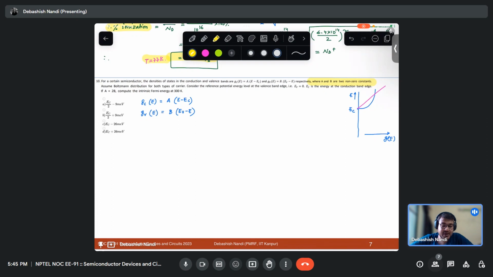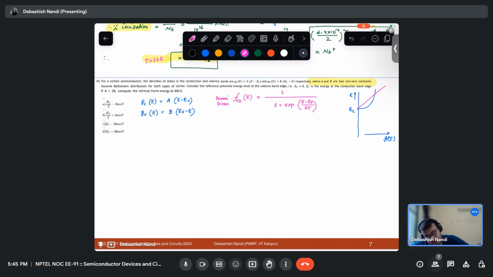By the way, what is Boltzmann's distribution? What is Fermi-Dirac distribution? Fermi-Dirac distribution is 1 over 1 plus exponential of E minus EF by KT.